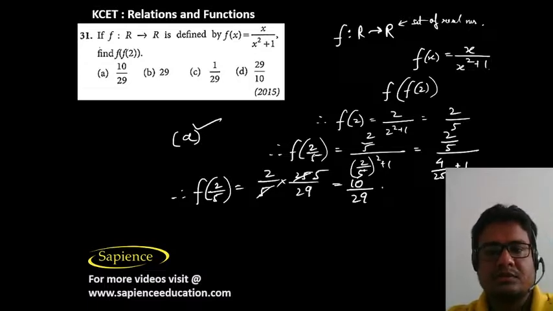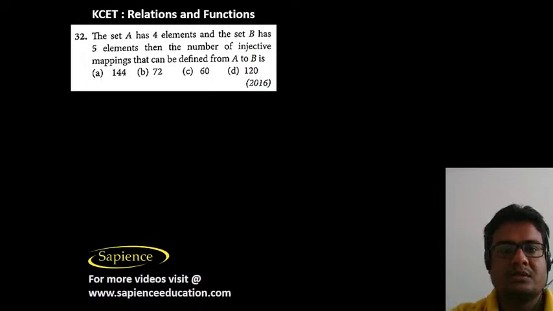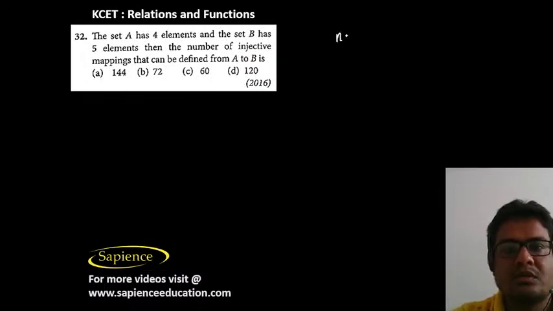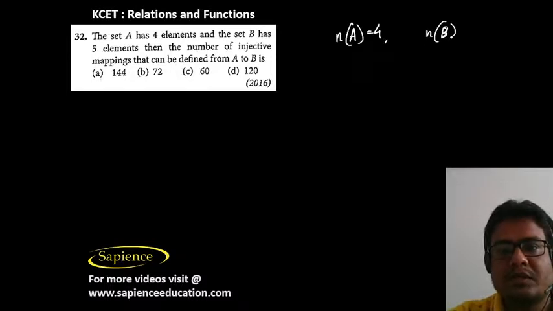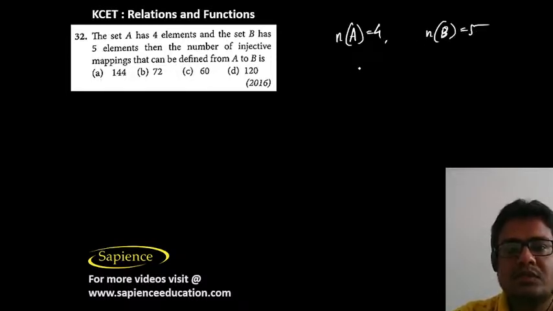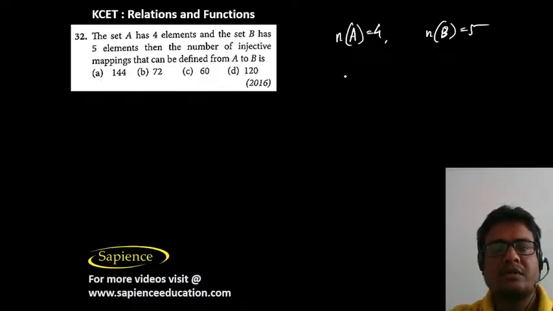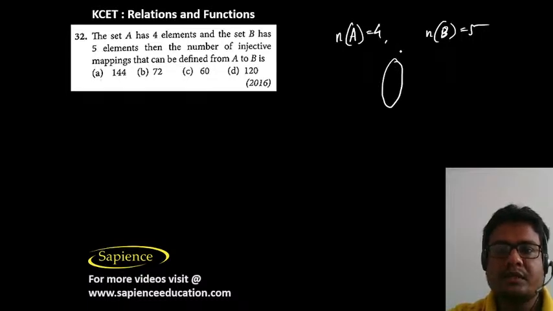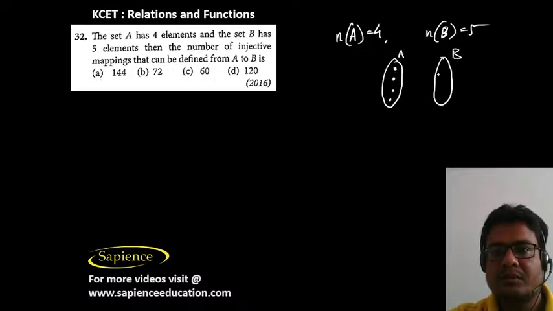Hope you have understood. Okay, then the set A has 4 elements, and the number of elements in the set B is 5. Then the number of injective mappings that can be defined from A to B. Injective mapping should be 1 to 1. So here we have set A, which contains 4 elements, and set B, which contains 5 elements.